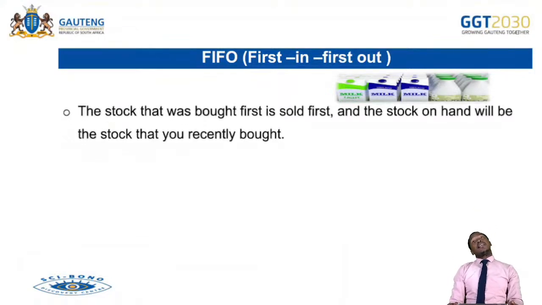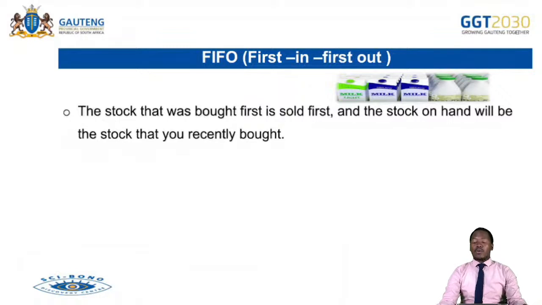Right, grade 12s. Now, what do we mean by first in, first out? Just a quick recap. I know most of us have done this. We are now doing revision so that you are 100% ready for tomorrow's paper. On first in, first out, we are saying that the stock that we buy first will be sold first.